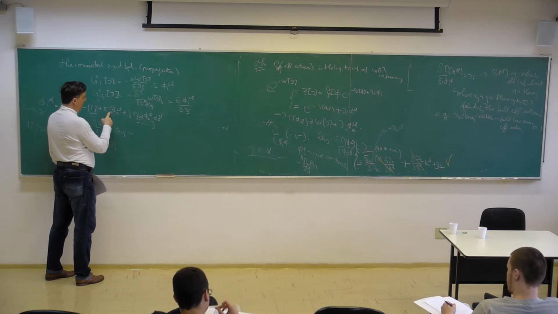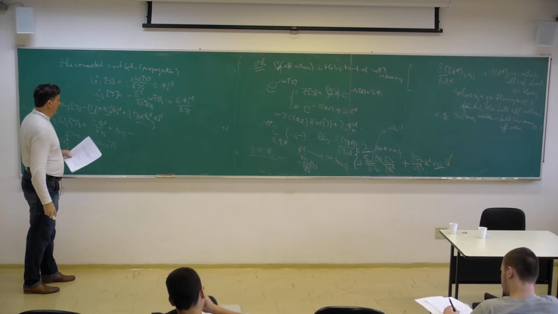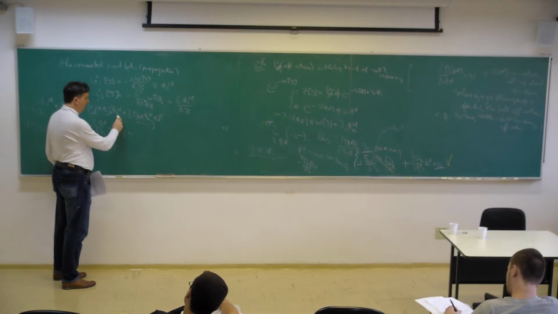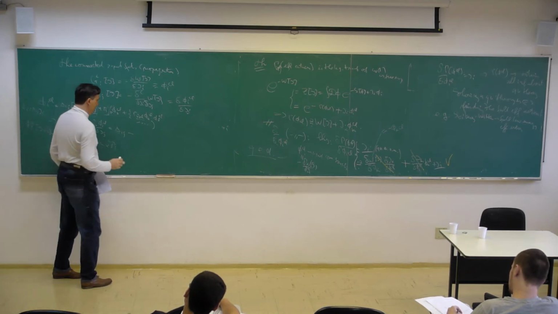So if I would differentiate these phi's and gammas, I would still be left with some phi multiplying it, but phi goes to 0 when j goes to 0. So I don't care about these terms.